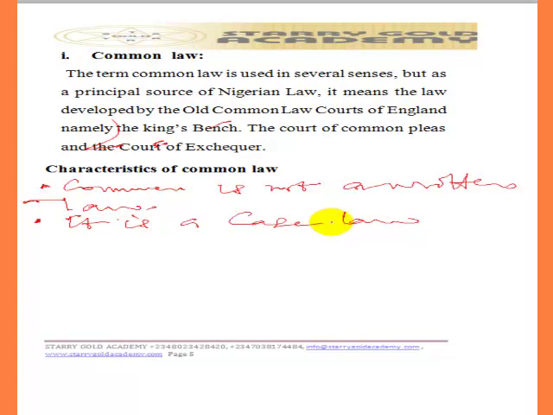And where a court makes a decision, any other court that wants to make a decision on a related matter in the future has to rely on the earlier decision of the first court, and that is what brings about judicial precedent. So it is a case law, meaning that it is developed by decisions of the courts.